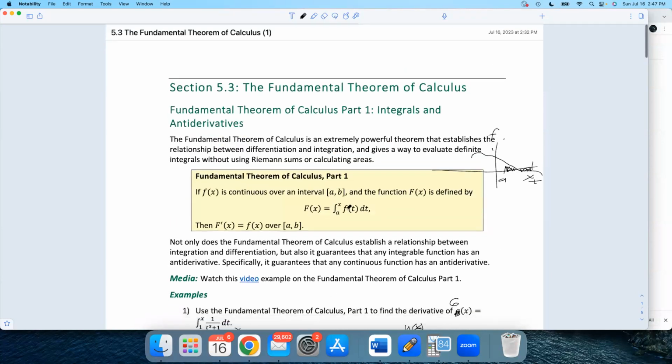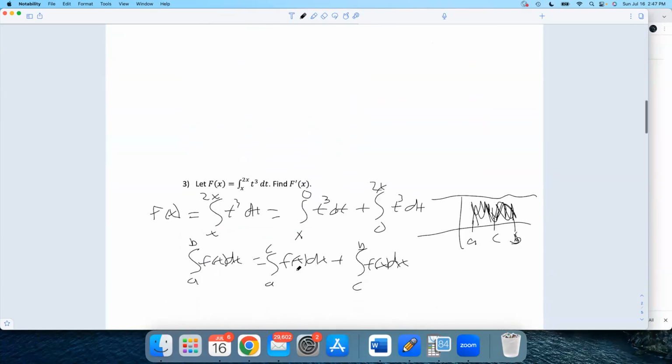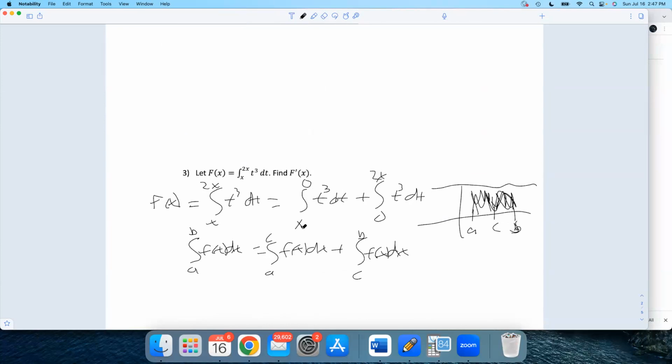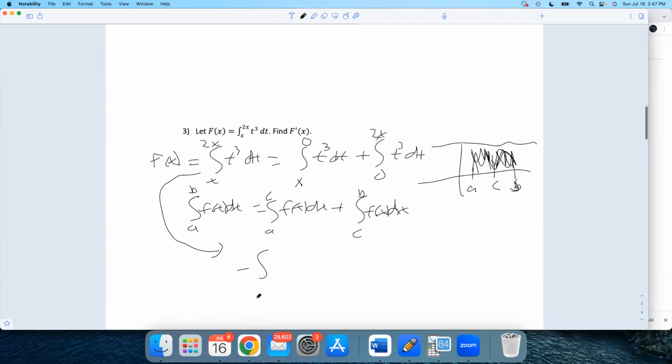Because the fundamental theorem of calculus wants me to go from a number up to a function of x. Okay, now this one goes backwards. Look at that. I wanted my x on top. I've got the 0 on top. I'm allowed to switch my limits and write that first one as negative 0 to x, t cubed dt.